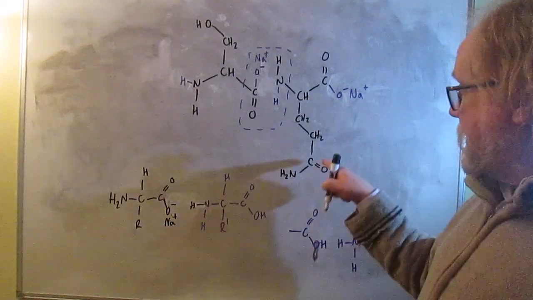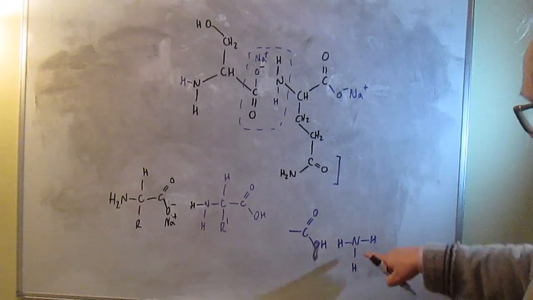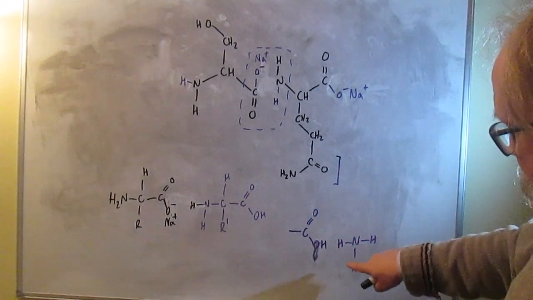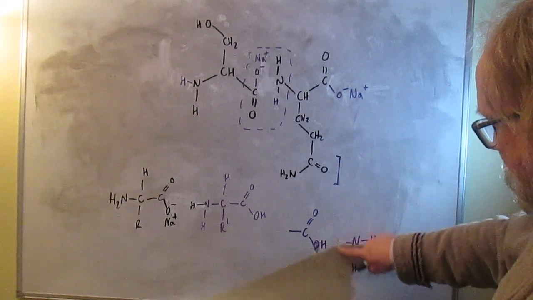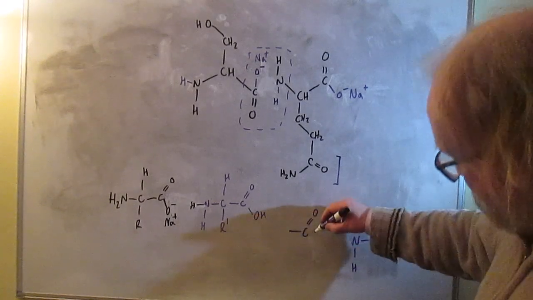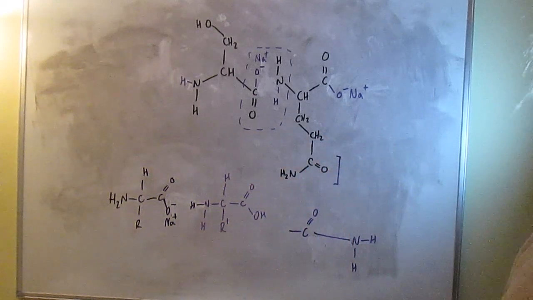Okay, so to make CONH2, it's the exact equivalent of what we did to make the secondary amide, but instead of a primary amine here, you just have ammonia, and again you condense out the OH and the hydrogen, so we lose that hydrogen from there, we lose the OH from the carboxylic acid, and we make a bond like that, and that's what that functional group is there, a primary amide.